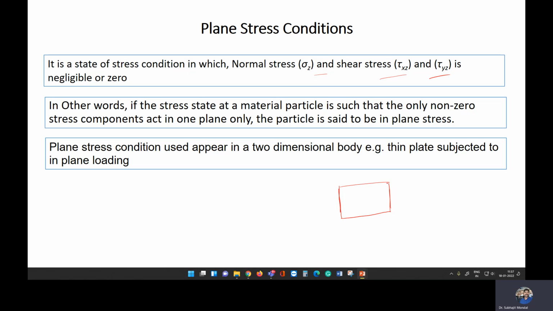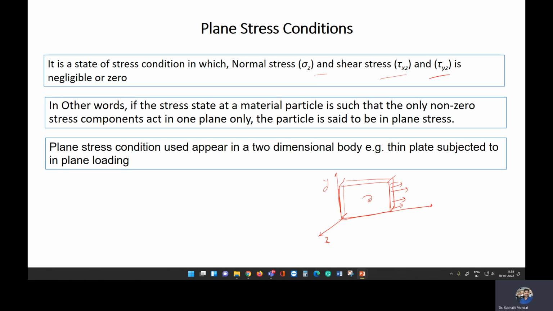Since this is a plate, if the 3D body is very thin and the applied load is also acting in a plane, then, for example, this is your x-axis, this is your y-axis, and this is your z-axis. The body is thin and the force is also acting in a plane.